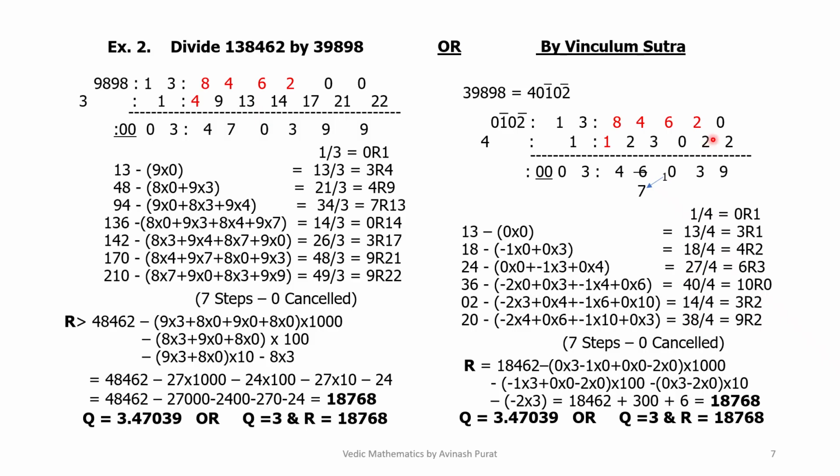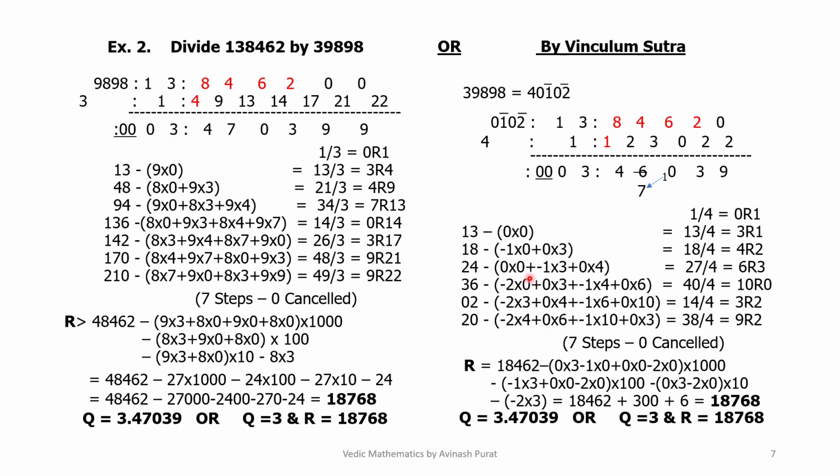Next dividend is 20 minus 2 into 4 plus 0 into 6 plus minus 1 into 10 plus 0 into 3, that gives us 38 divided by 4. So 9 is quotient and 2 is remainder. Now here also we have 7 steps and none of them is cancelled.